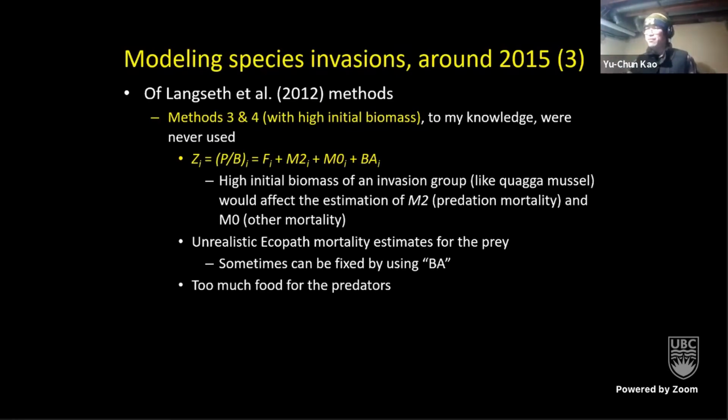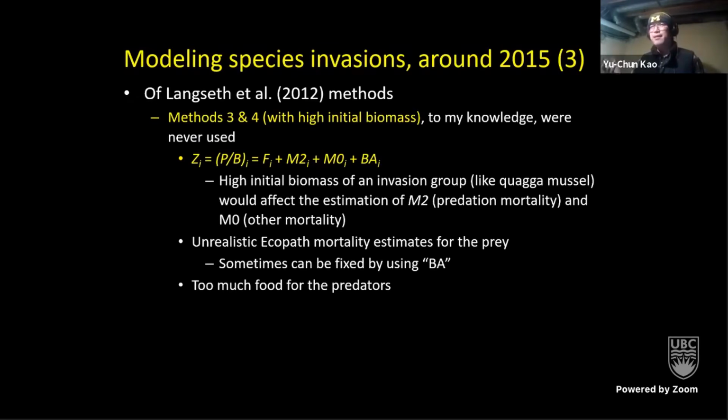Finally, the third and the fourth methods, with high initial biomass, to my knowledge, were never used. They were not used because I hope you remember this Ecopath equation. If you have a high initial biomass in Ecopath, then it is not just Ecopath.